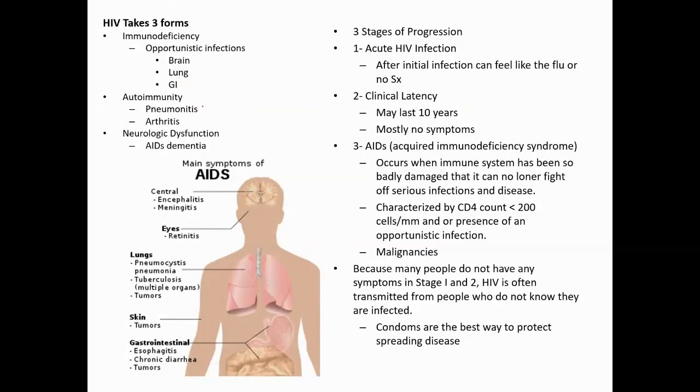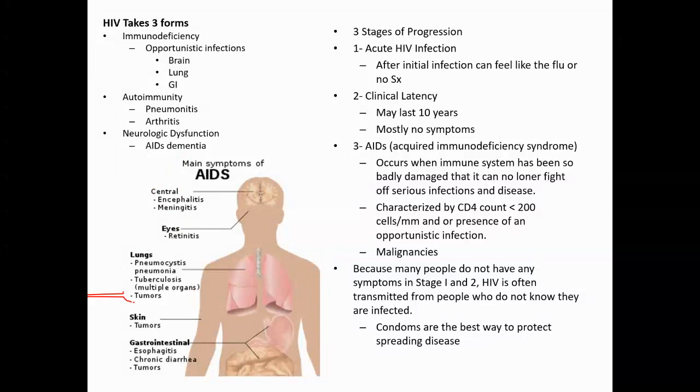Autoimmunity, so now they get pneumonitis with a fungal pneumonia, they get arthritis, and have various disease processes that go on. And then the last form, or kind of like the last stage, we start seeing neurological dysfunction. They start getting infections in the brain that cause AIDS dementia.